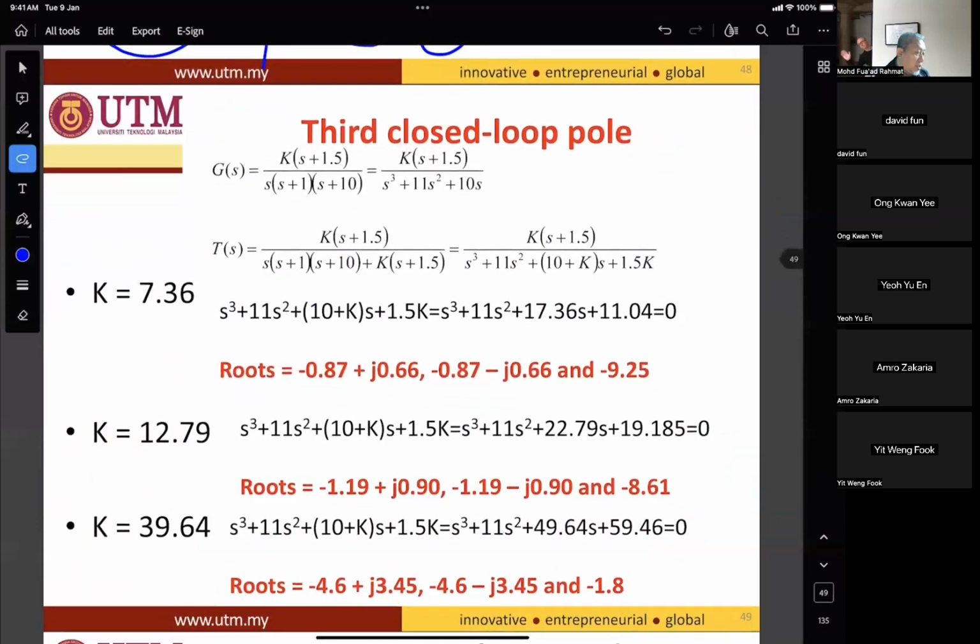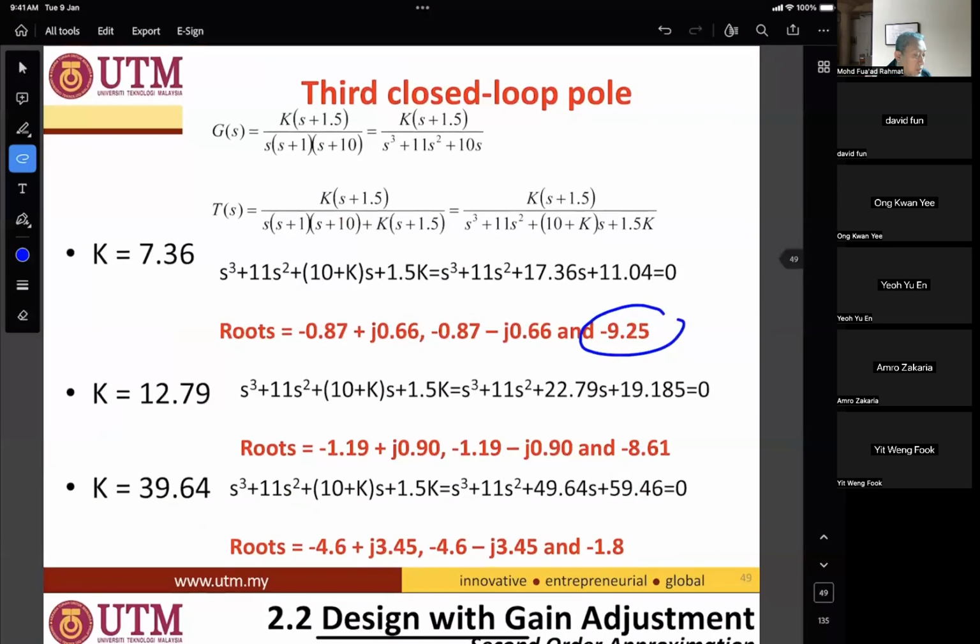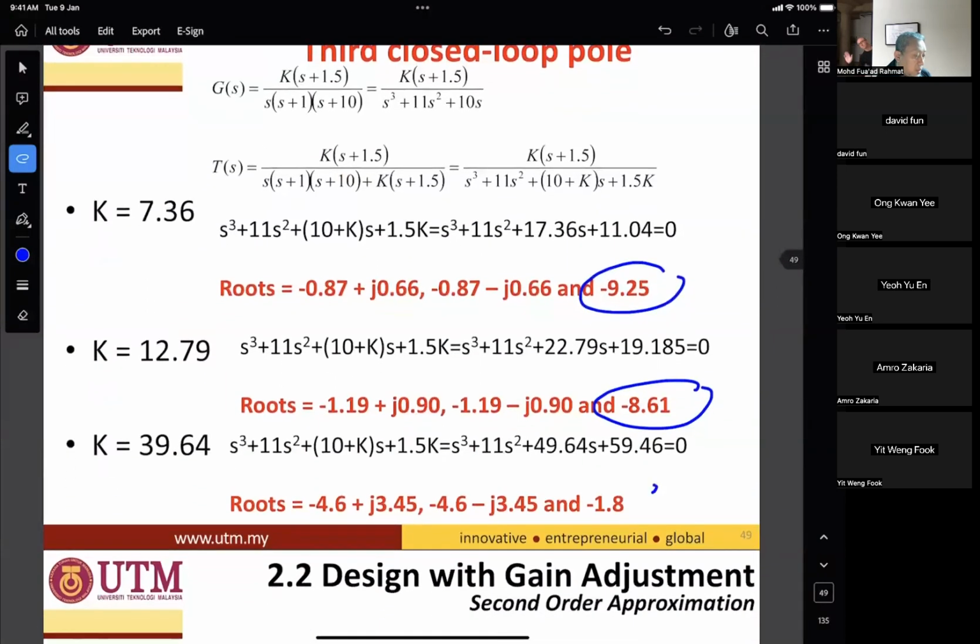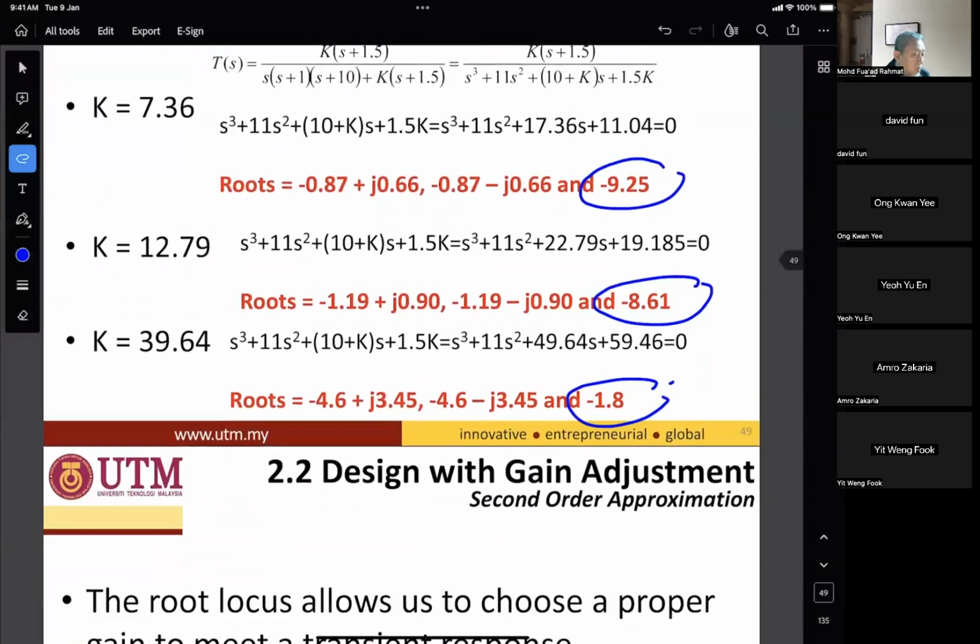For the third pole calculation, I give you the example here, just using the characteristic equation. So you get the third pole, which is 9.25, 8.61, and minus 1.8 for 39.64.